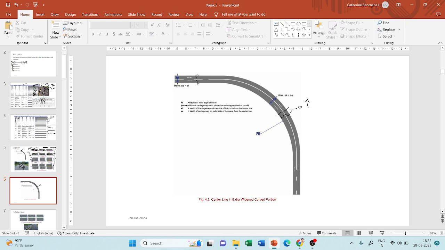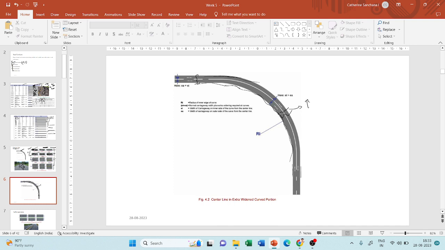We will gradually widen the highway such that the carriageway increases in width when it comes to the curved section, and when it goes back to the straight section, its width will again go back to that of a two-lane two-way road as per this case, right?